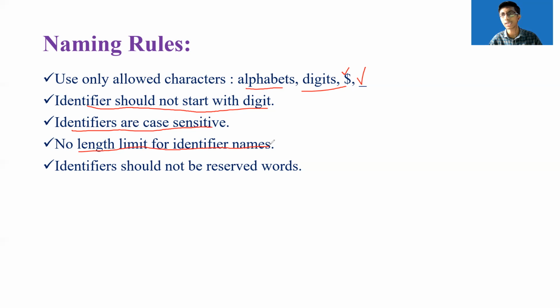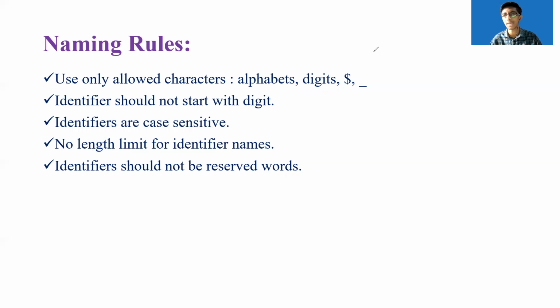So please take meaningful names that are short. And identifiers should not be reserved words, which means our identifier names should not match the keywords list of Java. These are all the standard rules that we need to follow while naming an identifier.